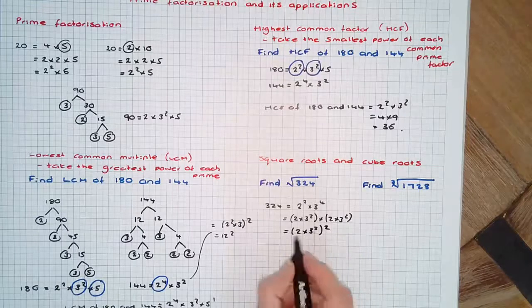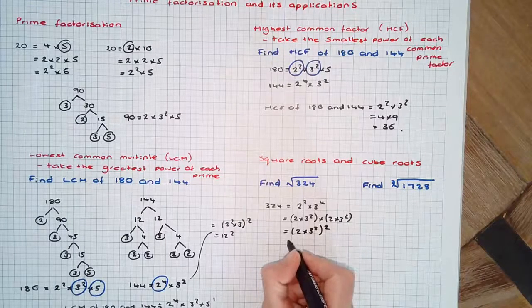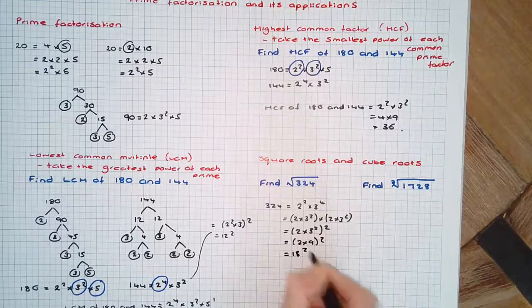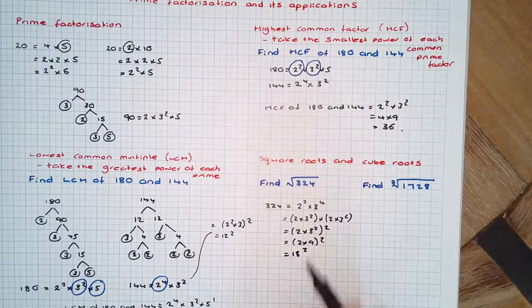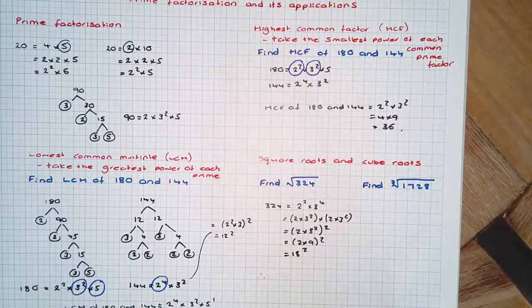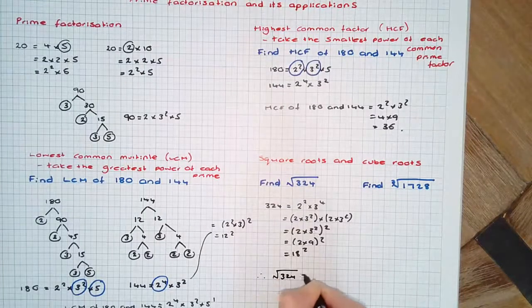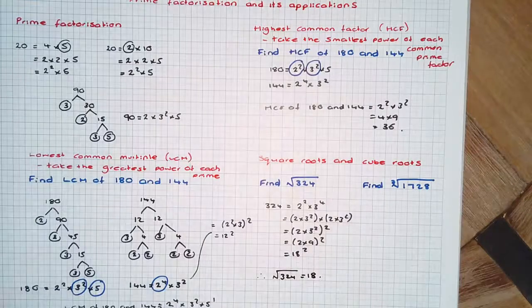Now 2 times 3 squared is 2 times 9 squared, which is 18 squared. Knowing that 324 is 18 squared, we can therefore say the square root of 324 equals 18.